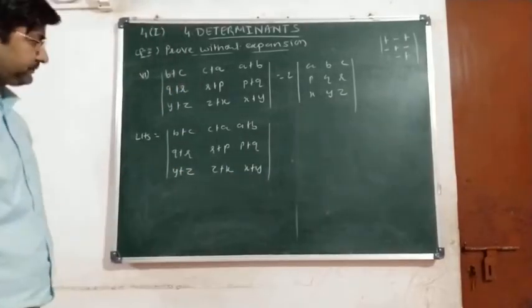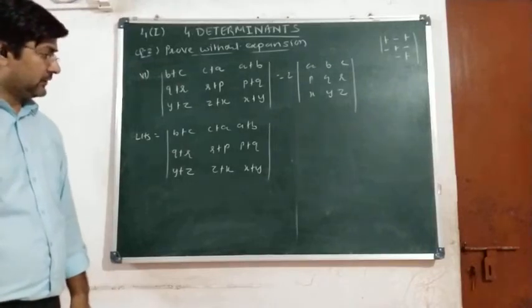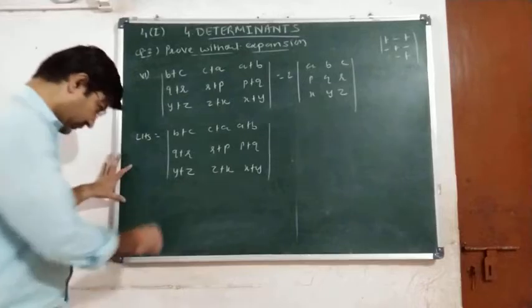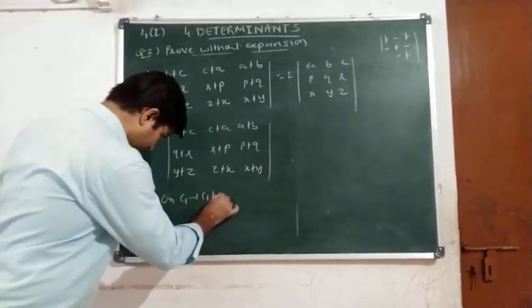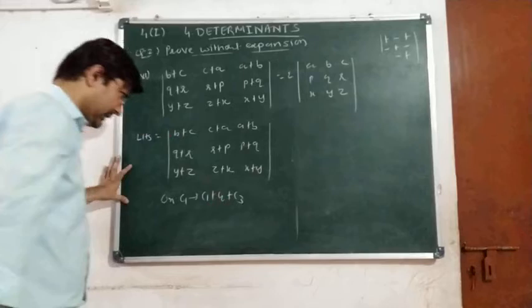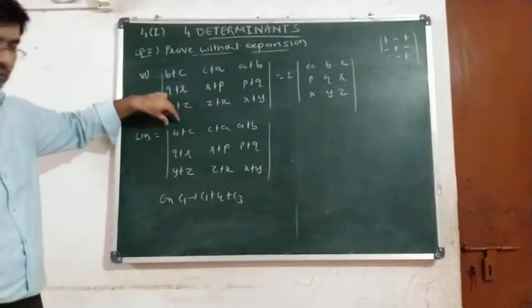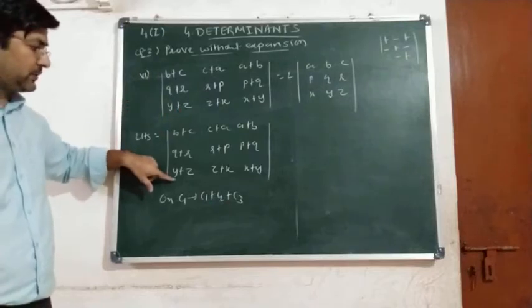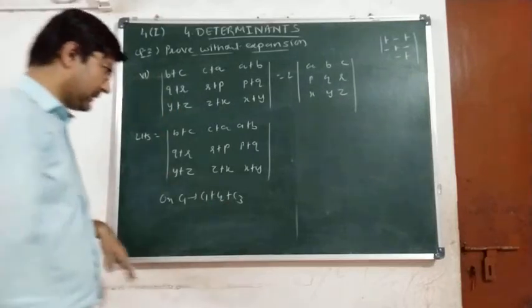Okay, now in this case I will add the three columns on the first column. So on C1 I will add C1 plus C2 plus C3. Okay, so that we will get 2A plus 2B plus 2C. Similarly 2P plus 2Q plus 2R and 2X plus 2Y plus 2Z. Clear?